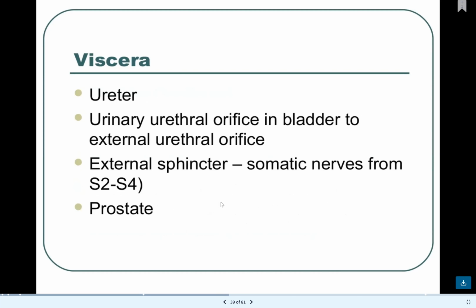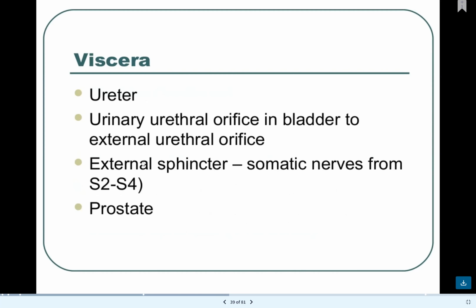The ureters are just channels that connect the urine from the kidney to the urinary bladder. And they are under the control of the somatic nerves from S2 to S4.